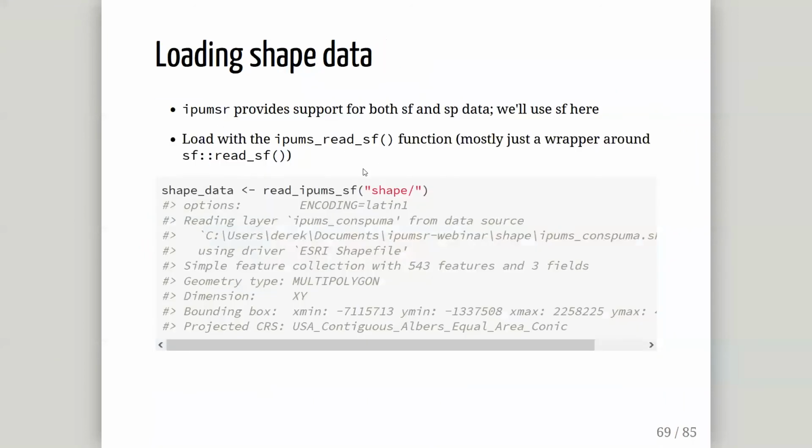Once you've done that, here to a directory called shape, we can use the read_ipums_sf function to load that into an sf data object, which we'll show in a second. If you want to learn more about sf versus sp packages, I would definitely encourage you to check out the free online book Geocomputation with R, and we'll provide a link to that at the end as well.